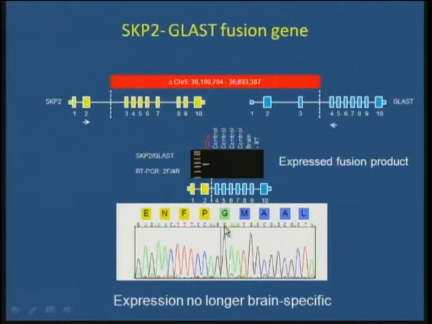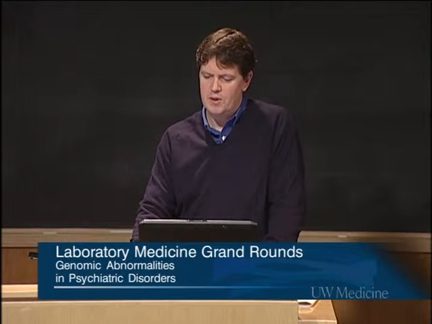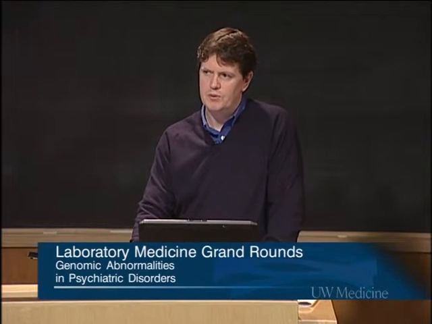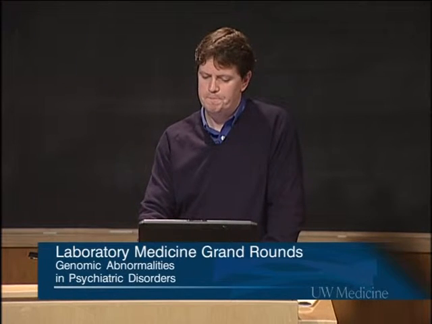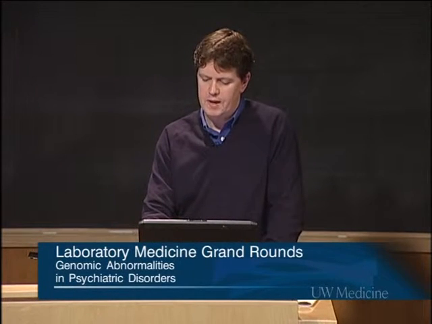It actually remains in frame and just makes one amino acid at that splice junction. So this is an example where the function of 2 genes has been drastically altered to create a new protein. We don't know what it's doing in the patient, but presumably if this part is functioning, it's now expressed in all tissue types, not just the brain. So maybe a dominant negative type mutation.